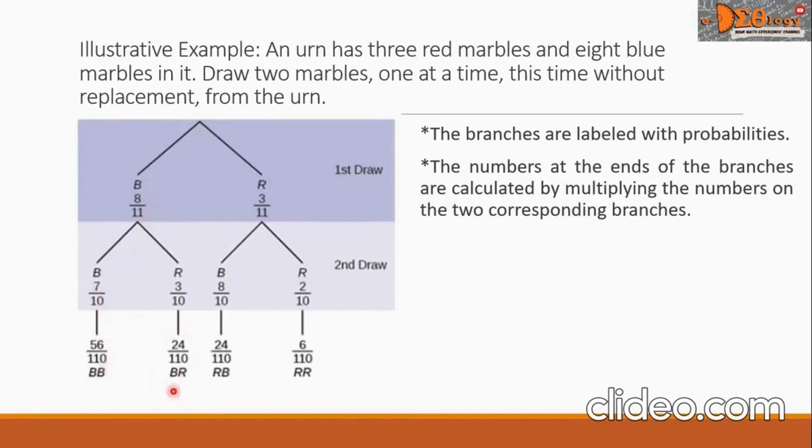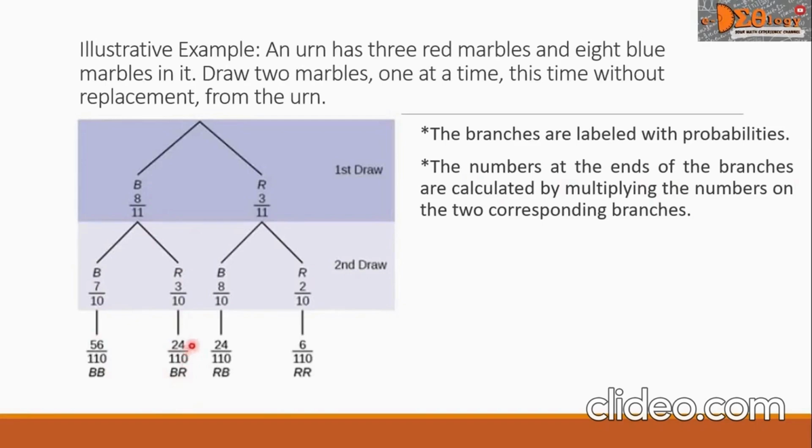The second probability here is 24 over 110, and this is BR. This is the probability when B means blue in the first draw and R means red marble in the second draw.